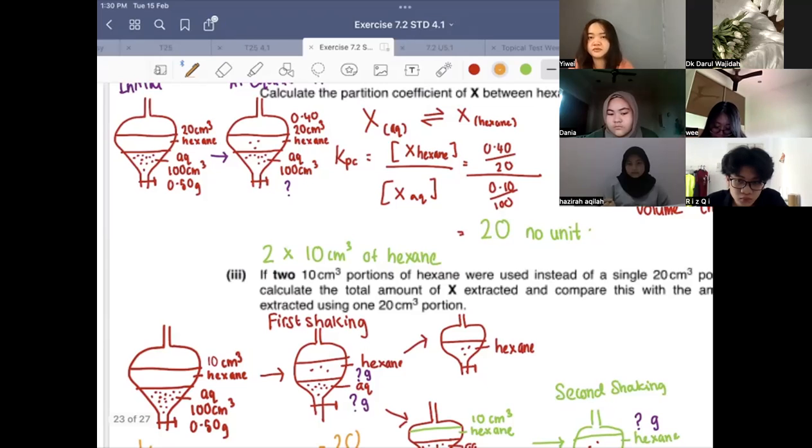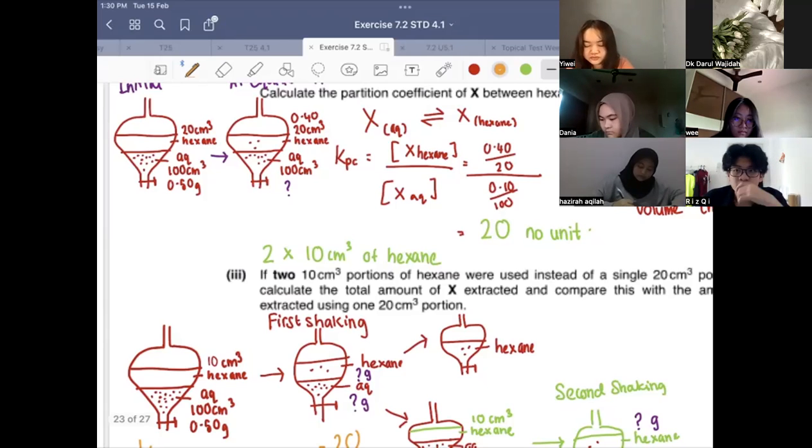Okay, so it's a bit confusing because our solute is X and then we use unknown y. So I can add another concentration of X in hexane would be y over 10. The concentration of X in aqueous would be 0.5 minus y over the volume, which is 100.